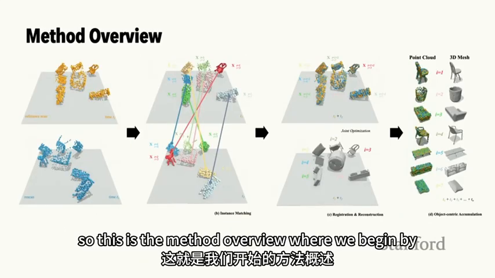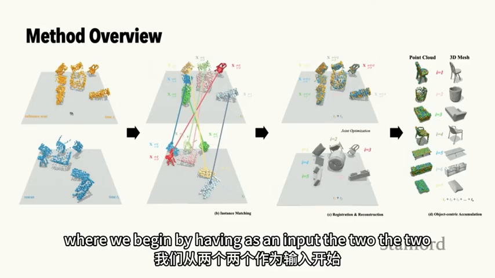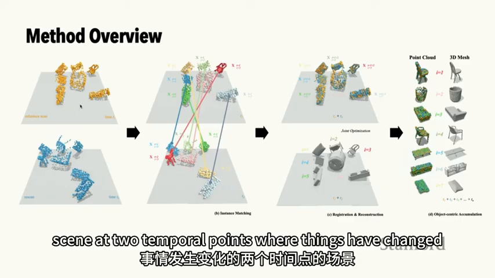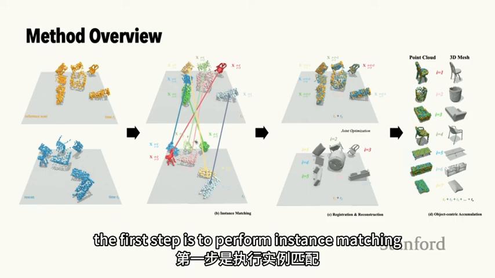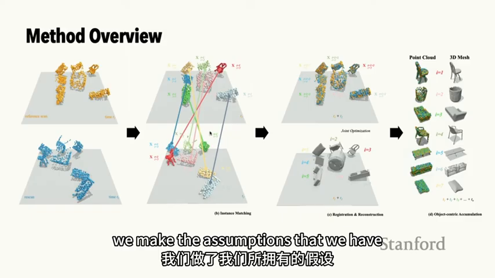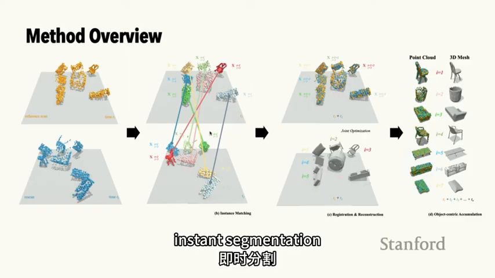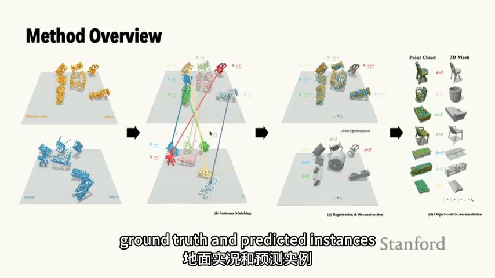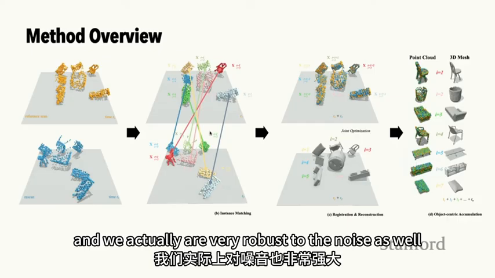So this is the method overview, where we begin by, can you actually see my pointer? Great. Where we begin by having as an input the scene at 2 temporal points where things have changed. The first step is to perform instance matching. We make the assumption that we have instance segmentation, and actually it's a valid one because we tried both ground truth and predicted instances, and we are very robust to the noise as well.